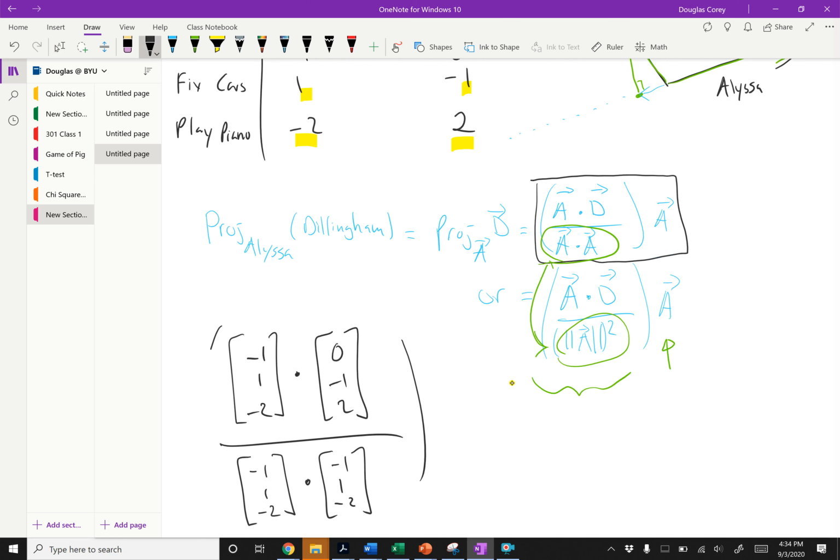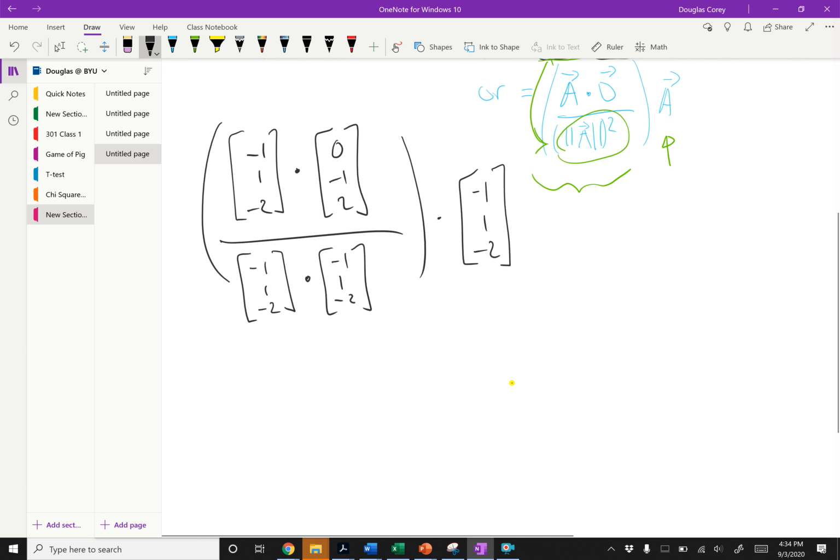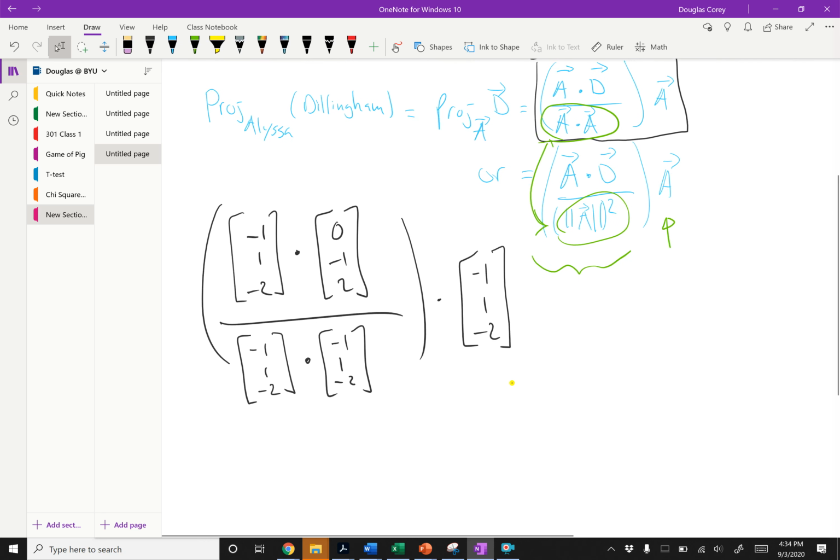And that's all multiplied by (-1, 1, -2). Notice 4 of the 5 vectors I just wrote down were Alyssa's vectors. And so then we can actually start calculating the dot products.